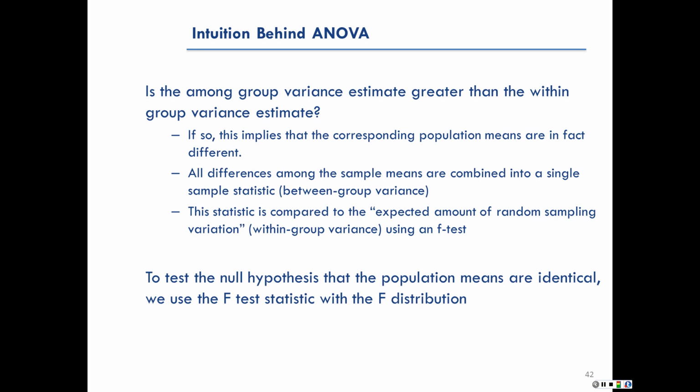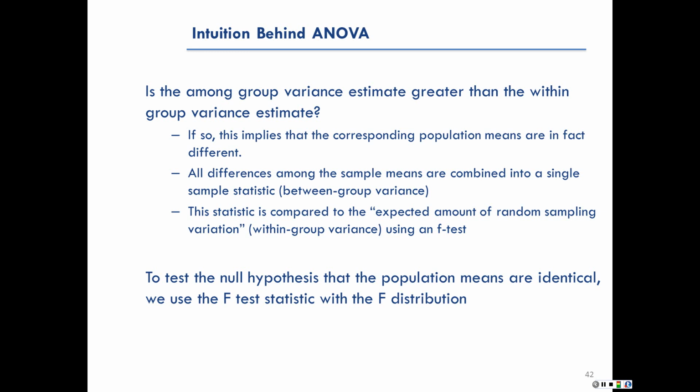If it is, then that implies that the corresponding population means are in fact different. All differences among the sample means are combined into a single sample statistic in this test called the between group variance. And then that statistic is compared to the expected amount of random sampling variation within the groups called the within group variance, and we're using an F-test here.